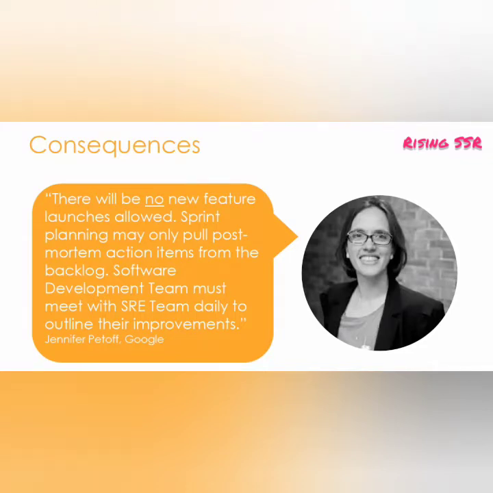No new feature launches are allowed if the error budget is violated. The ongoing sprint planning is stopped then and there, and the post-mortem action items are updated into the backlog, and the sprint team takes care of that. That is how they do it.